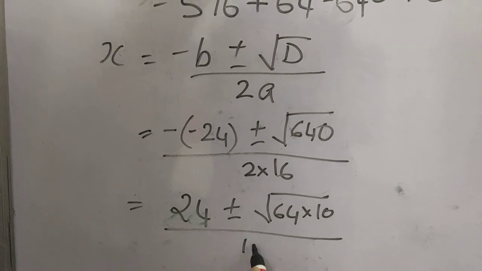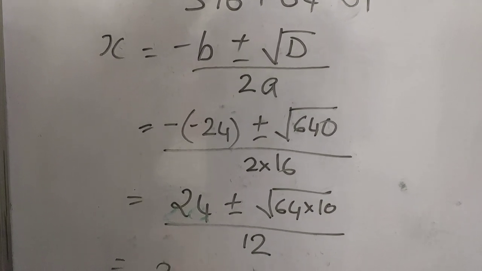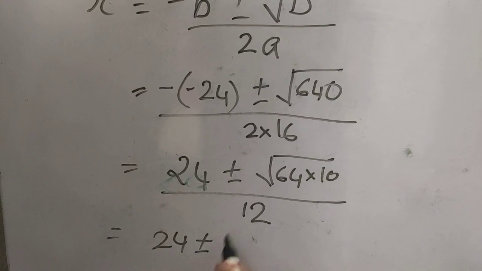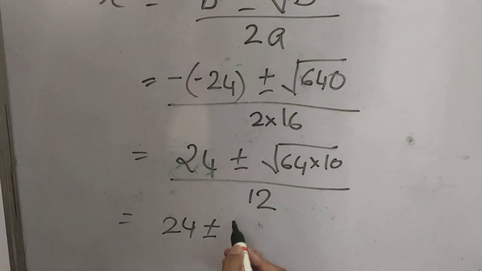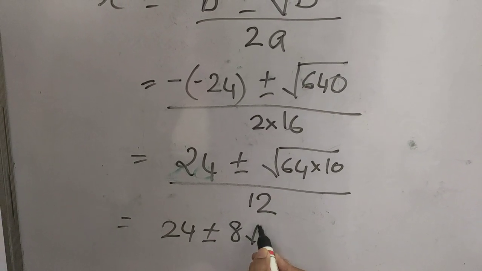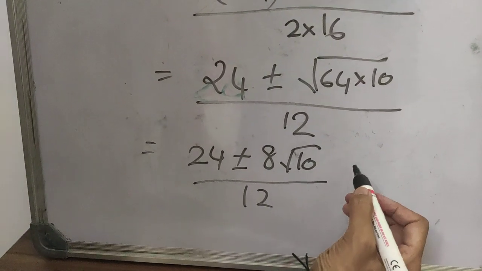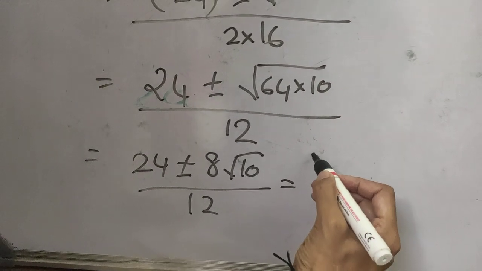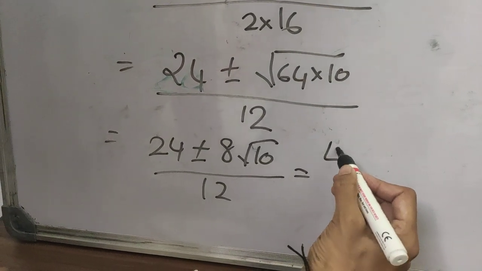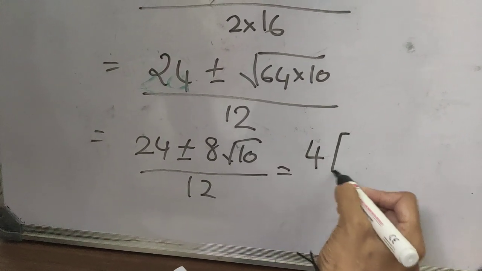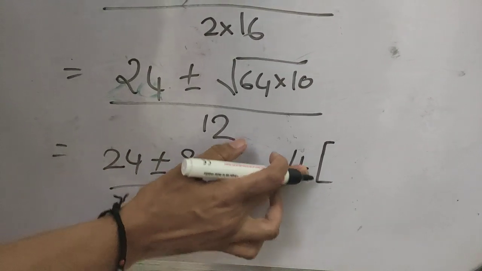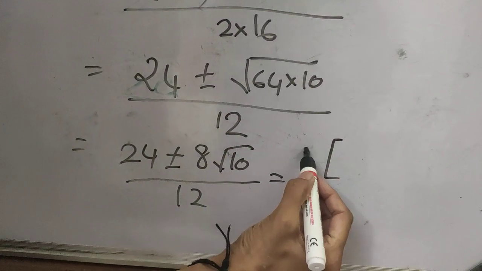So, you get 24 plus or minus, if you see 640 can be written as 64 into 10. Yes, 2 16s are 32. So, you get 24 plus or minus, what is root of 64? 8. 8 root 10 by 32. What is common in 24 and 8? Yes, 8 itself is common factor.